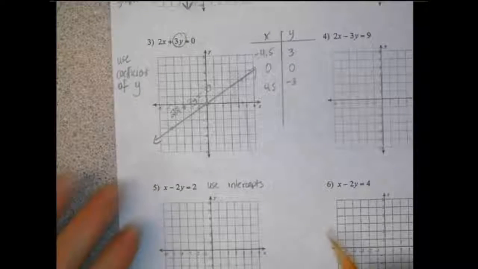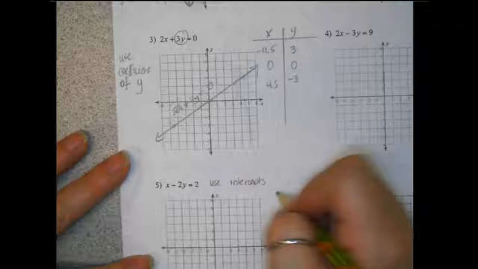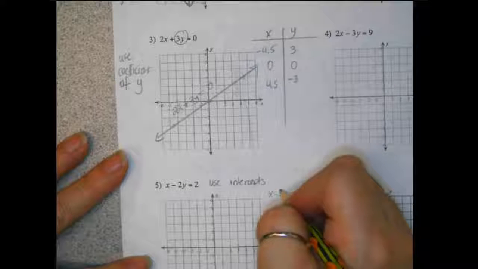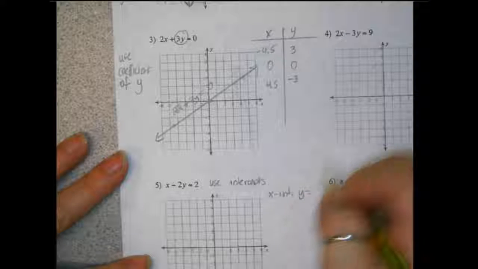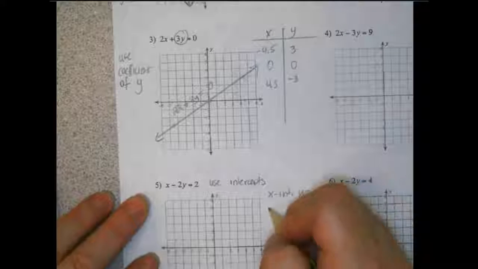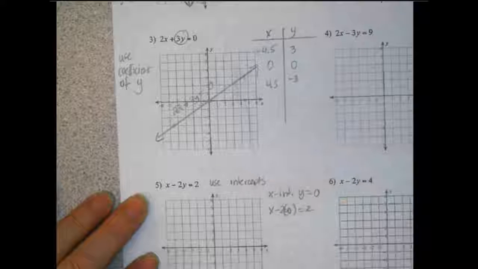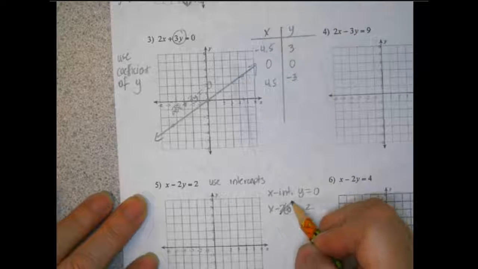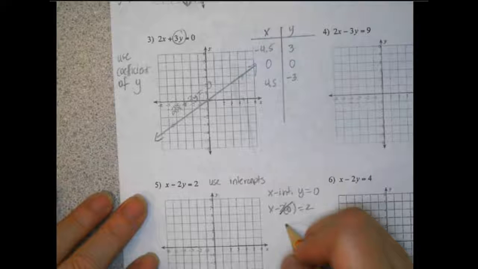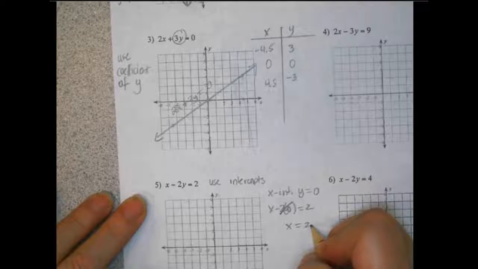Okay, so intercepts, we're going to do x-intercept, y equals 0, x minus 2 times 0 equals 2, right? Cross that off. X is equal to 2.